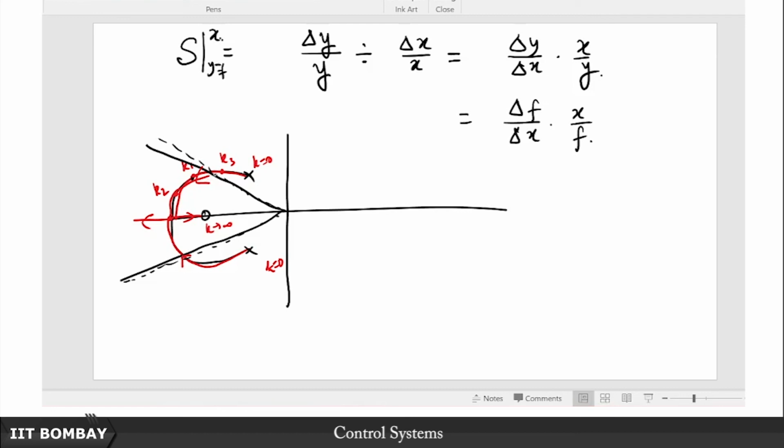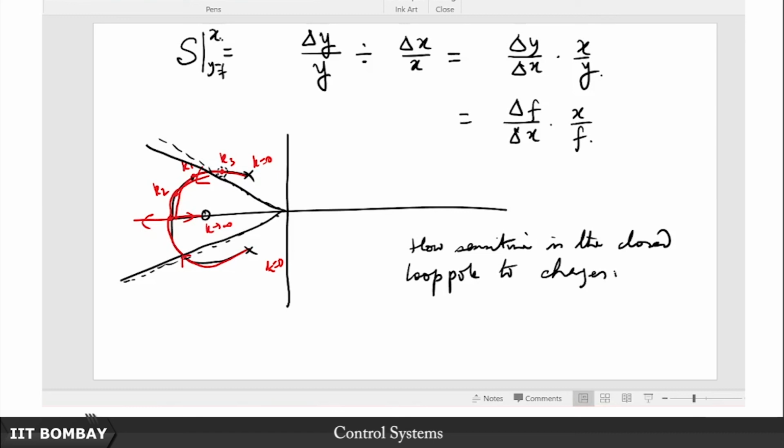So how sensitive is this segment of the root locus? In other words, if I make small changes in k here around this point, will I have a sufficient amount of change in the location of the pole? So the question is how sensitive is the closed loop pole to changes in k, alright.